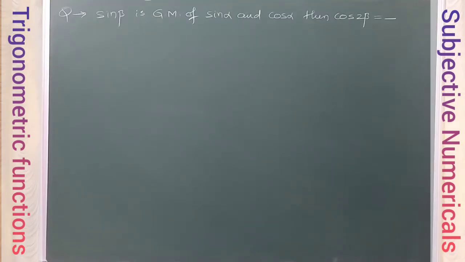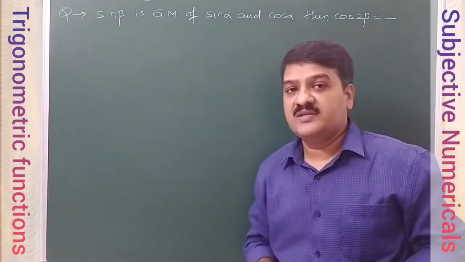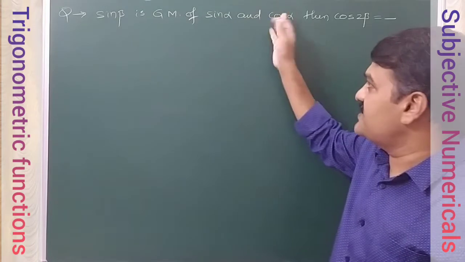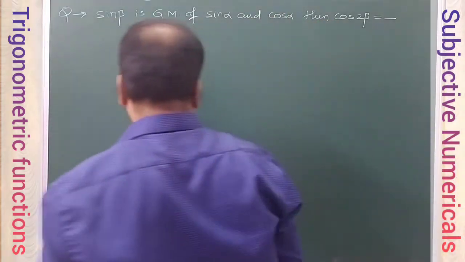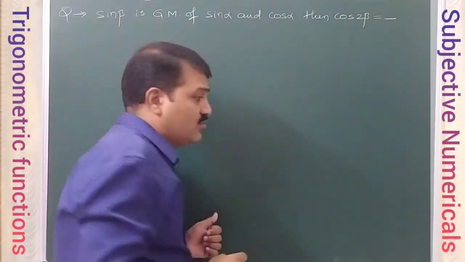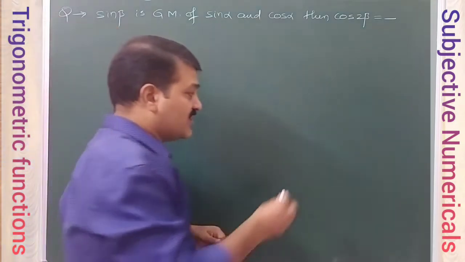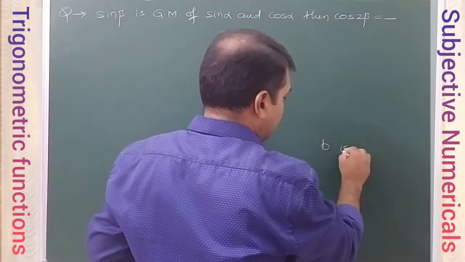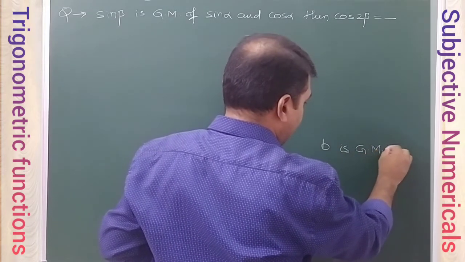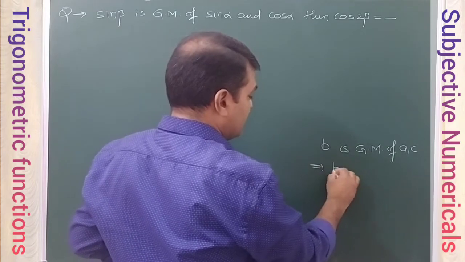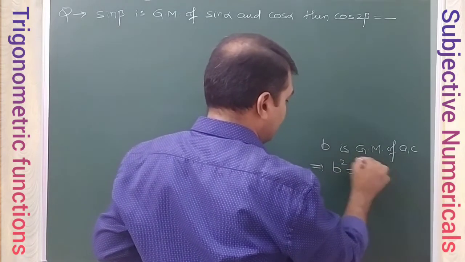Okay, so next problem we have on board now. Sin beta is the geometric mean of sin alpha and cos alpha. So what happens when B is the geometric mean of A comma C? What is the formula? When B is the geometric mean of A comma C, B square is equal to AC.